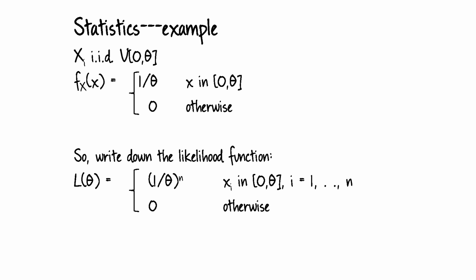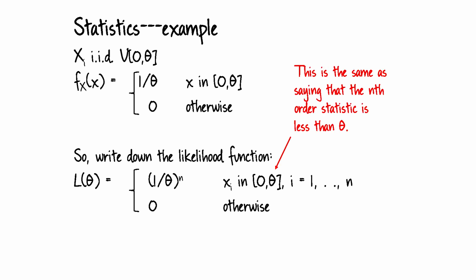Now we can actually restate this condition. Instead of saying x sub i in 0 to theta for i equals 1 to n, we can just say that's the same as the nth order statistic being less than theta. It's an equivalent statement.